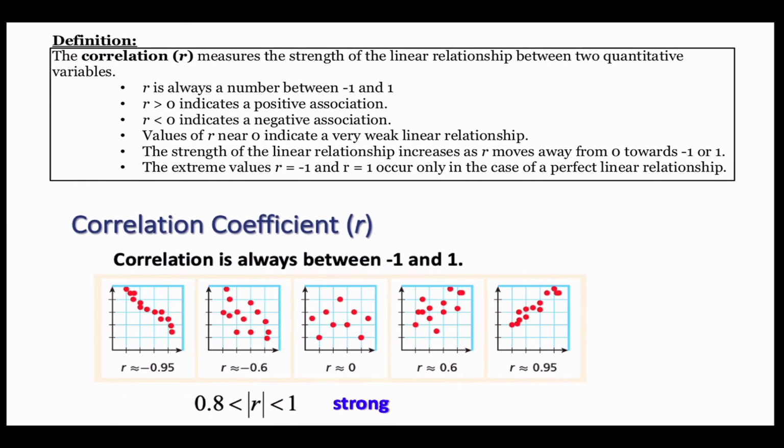All right, correlation. Correlation is kind of like association. They're very similar. Correlation goes by the letter R. Why did they choose R? I have no idea. Why didn't they choose C? Actually, I do know, because C means something else. It's like slope. What letter did they use for slope?